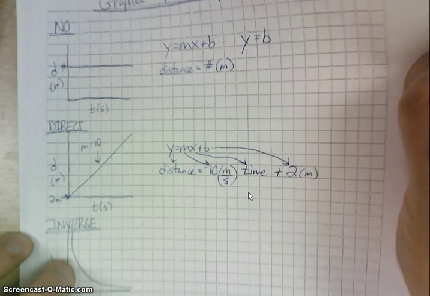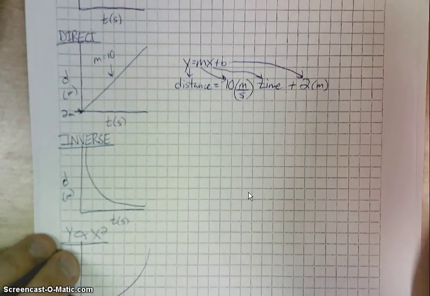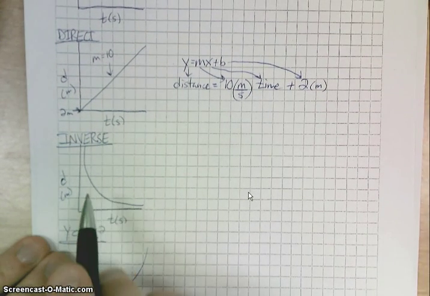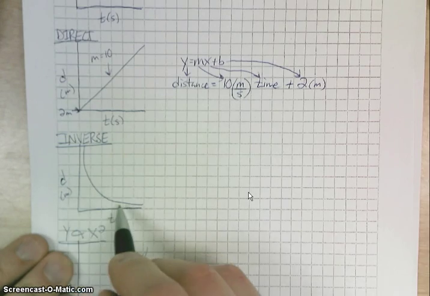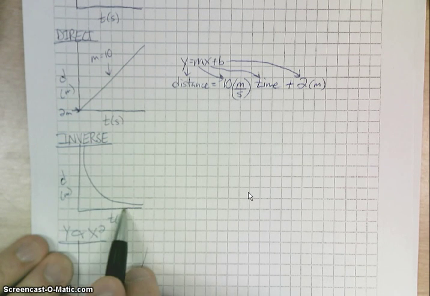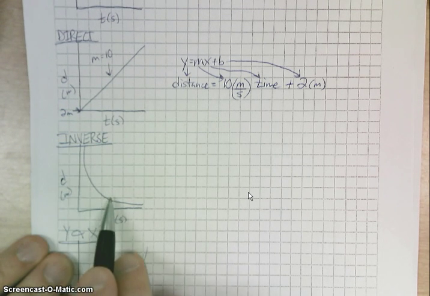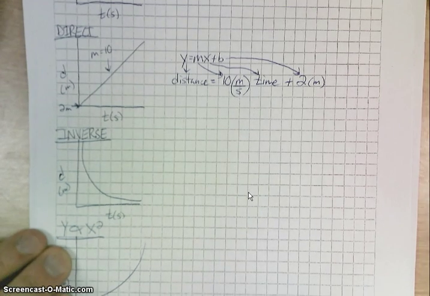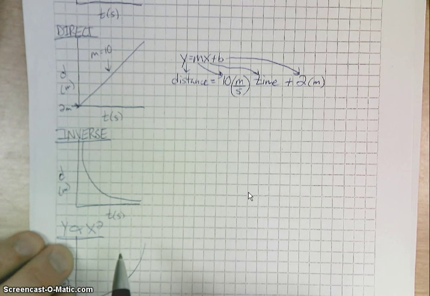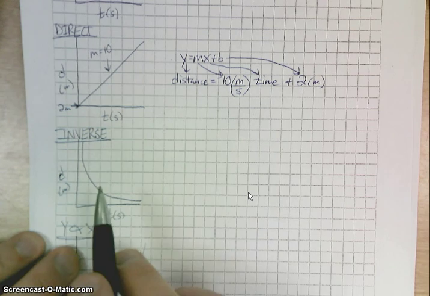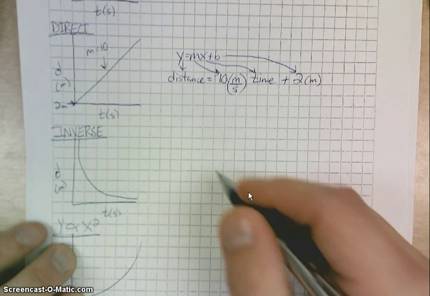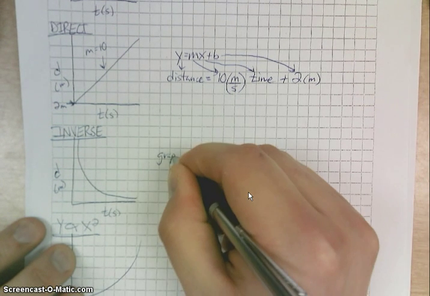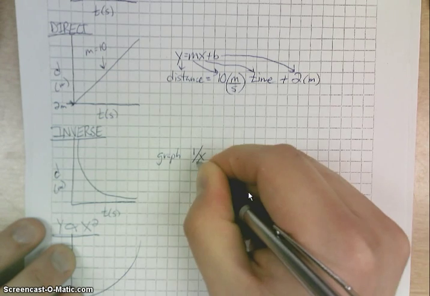Now if we had something that looked like this, and this is an inverse relationship. As time increases, the value of distance decreases. This is not a straight line. Now, there is an easy thing you can do to get this to be linear. When something is inversely related, we have to graph 1 over x.